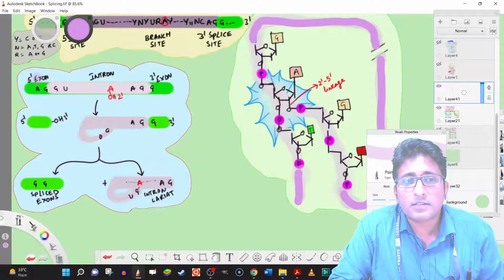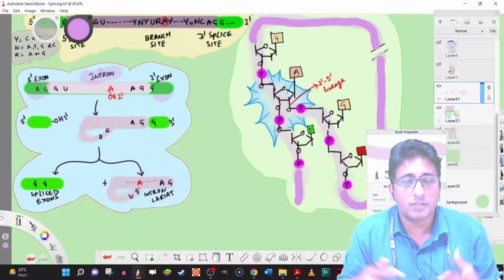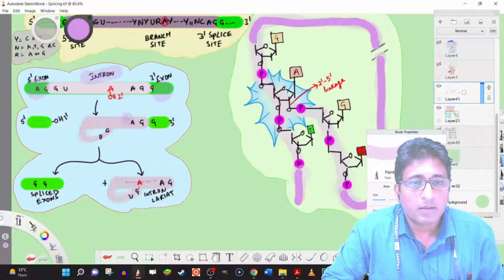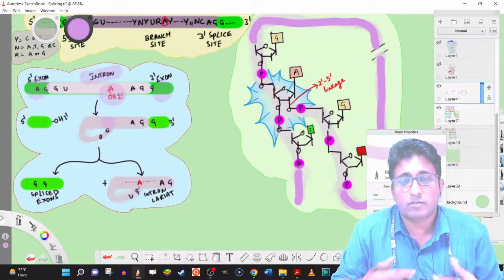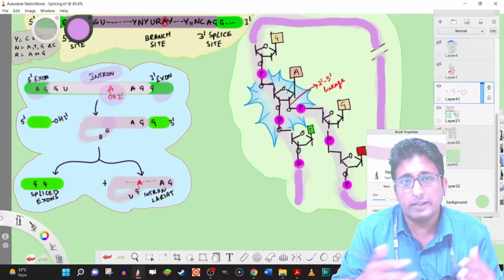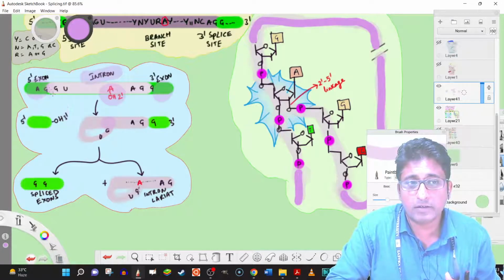So as we discussed, we have an exon and an exon, and somehow we need to get rid of the intron that is present between these two exons. We splice the exons. And we have also discussed how the branch A site plays a role in doing that. The 2' OH would get activated and then make a nucleophilic attack at the 5' splice site, that is here.